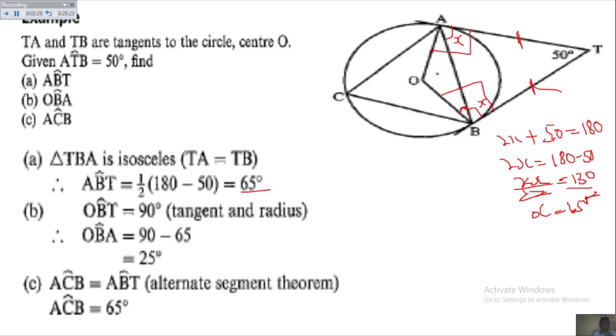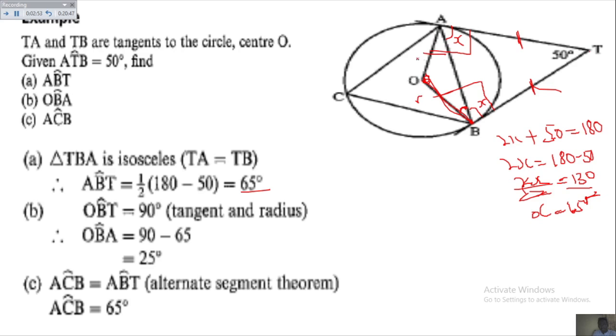When you have a tangent and a line is joined from the center to meet it at this particular point on the circumference, it is going to form what? 90. That is tangent and what? Radius. Look out for radius. This is radius.